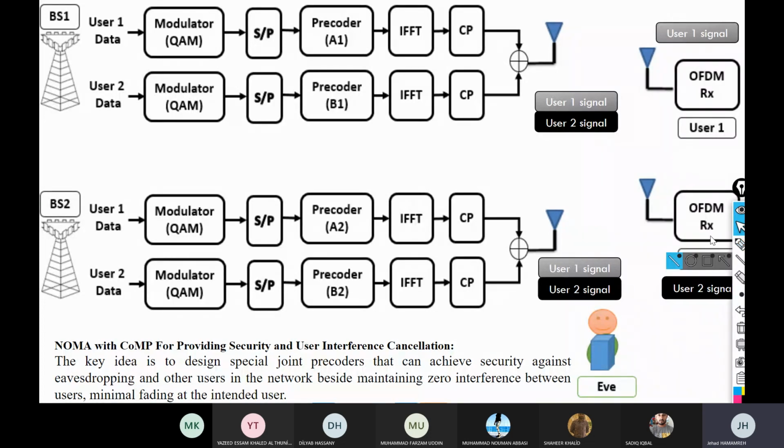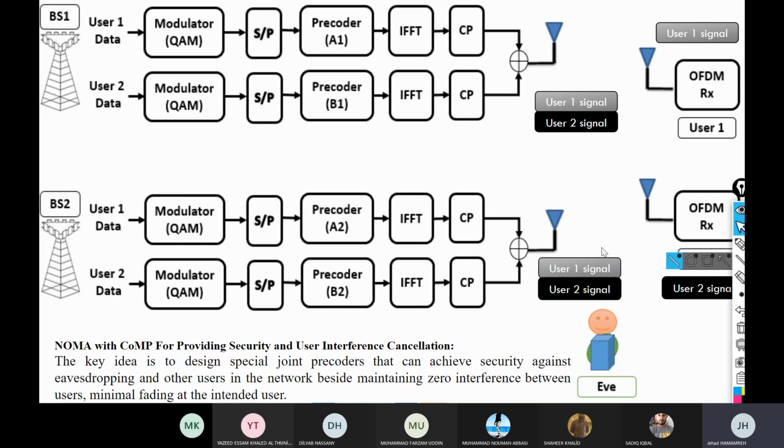In this multi-user scenario, two signals are combined with each other, and the goal here is not only to protect your signal from Eve, the external eavesdropper, but also from the other users in the network, because this is a problem in MIMO scenarios.